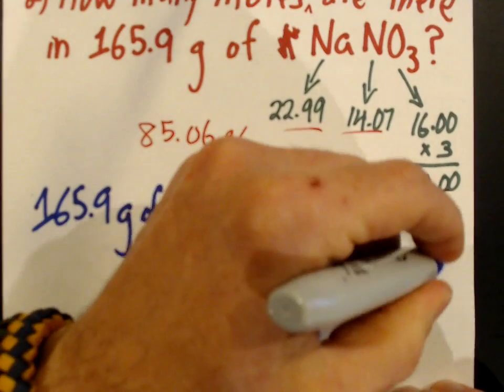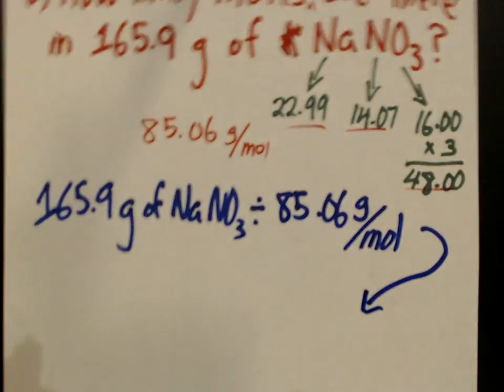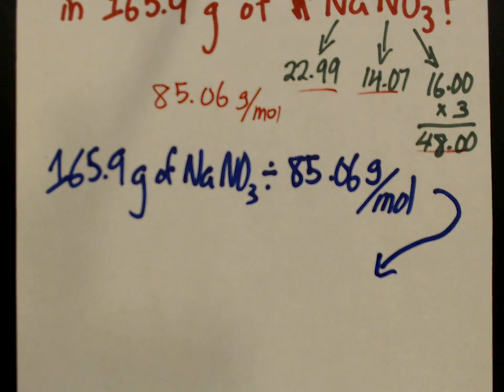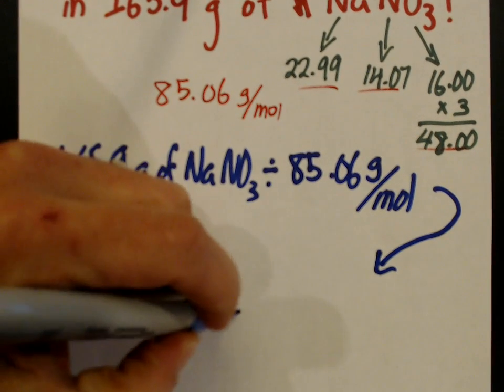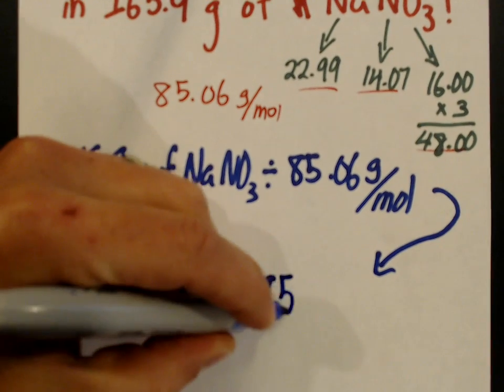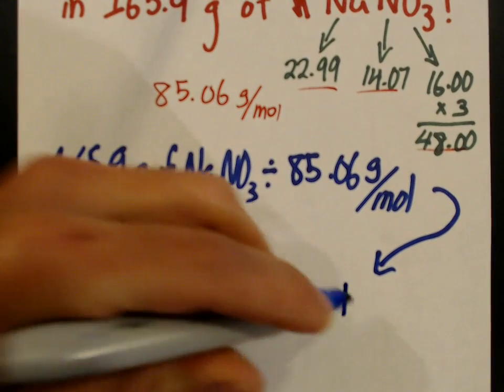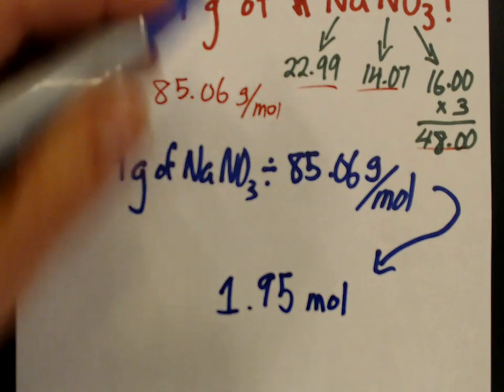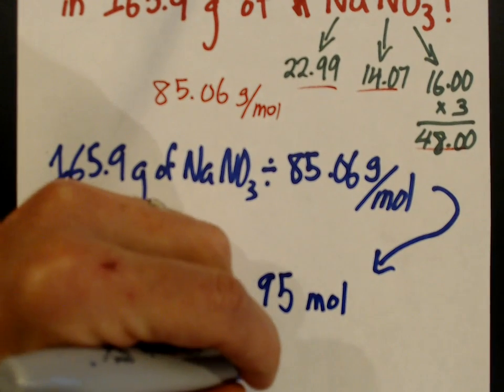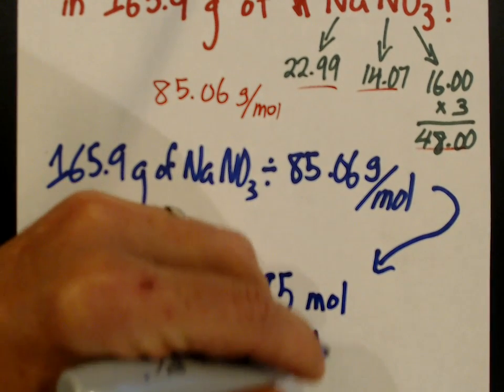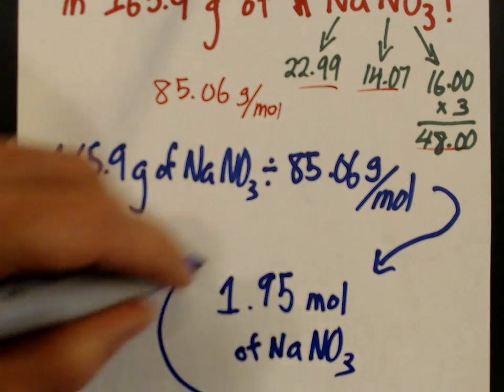Since I'm running out of room, I'm not going to put an equal sign. I'll put my arrow. Let's go to the calculator: 165.9 divided by 85.06, and we get 1.95 moles of sodium nitrate. And there you are.